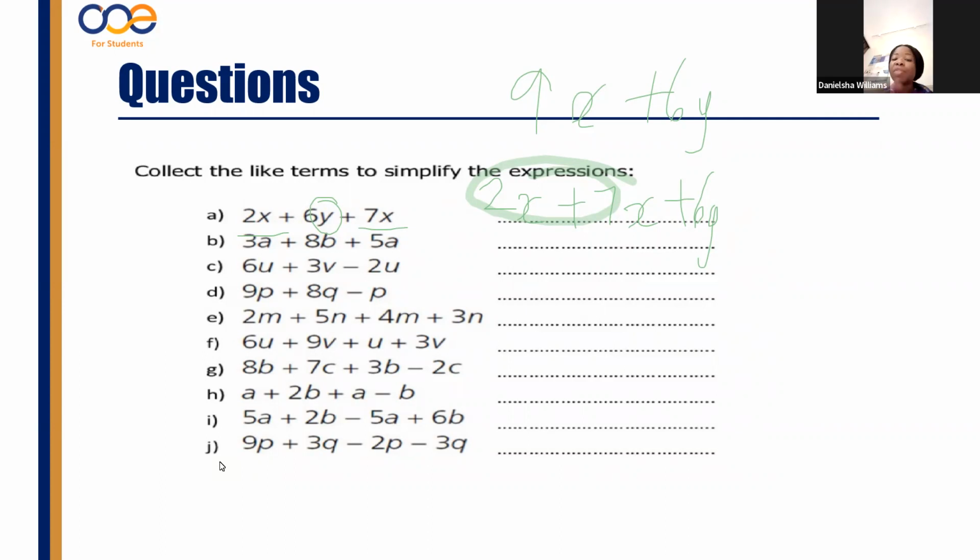We have a variable x and a variable y. We cannot do any further combination here, so we have to leave this as our final answer. Any questions so far?